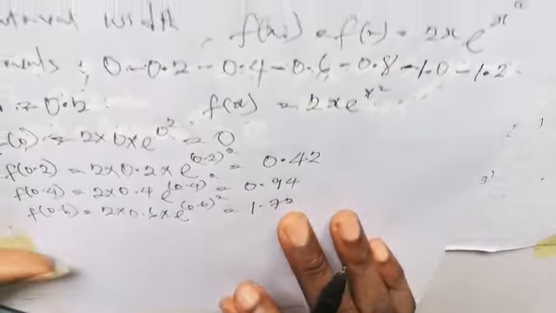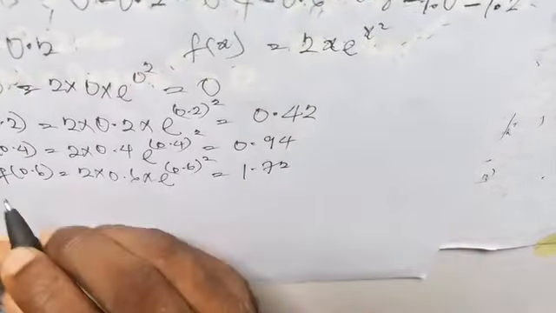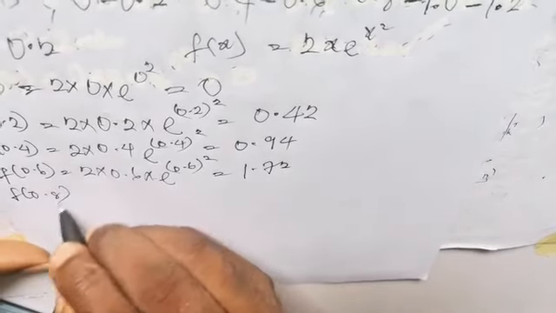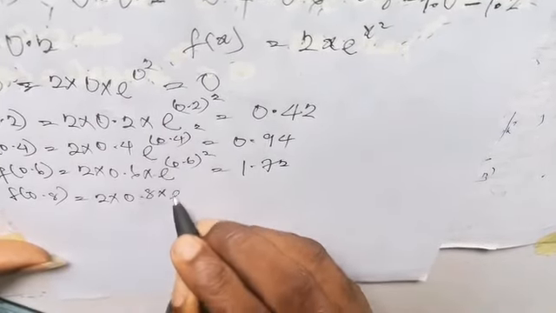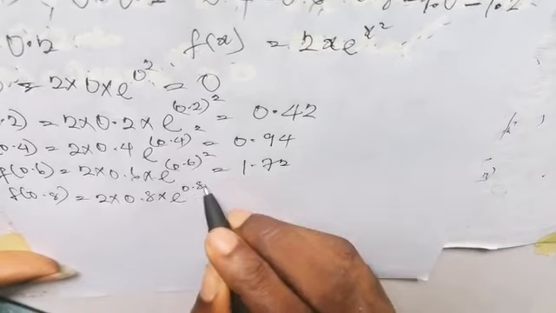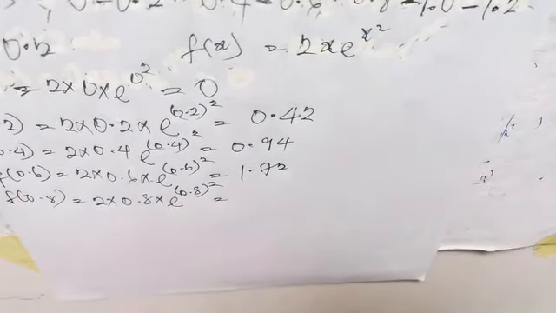After 0.6, next on the interval is 0.8. So I will compute f of 0.8, and this is equal to 2 times 0.8 times exponential of 0.8 all squared. I will start with 0.8 squared, find the exponential equivalent of that value, multiply by 2, multiply by 0.8.